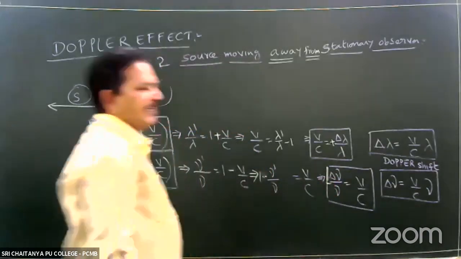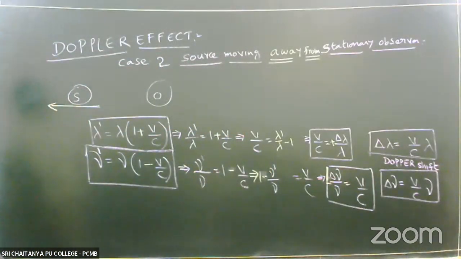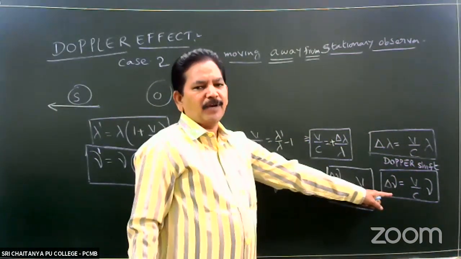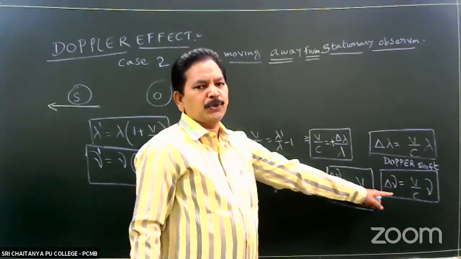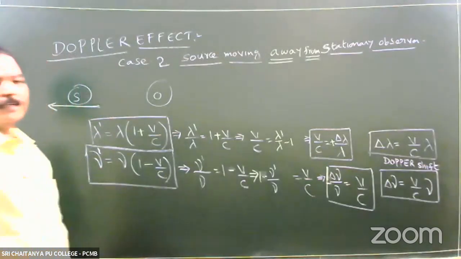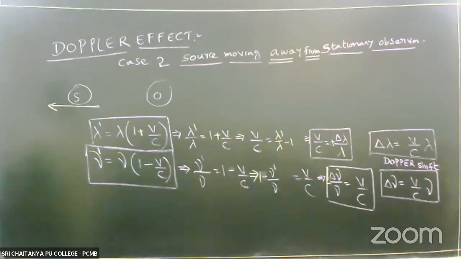The minus sign indicates that the frequency decreases. Once again, the Doppler shift is given by the same formula. Delta nu is equal to plus or minus V by C into nu. If you understand, it is very simple.